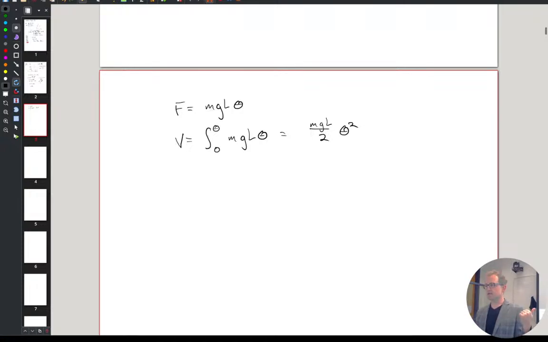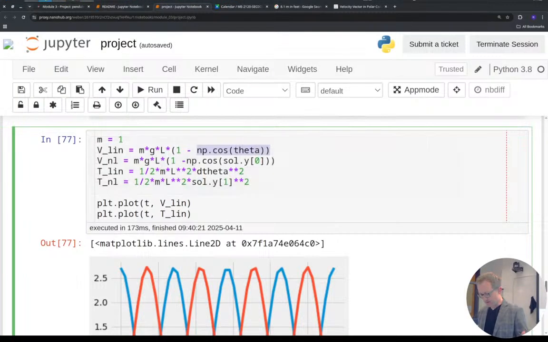Our force for the full term is MGL cosine theta, integrate, and now we have negative MGL sine theta. So if you want to compare linear and nonlinear, you end up with the same thing as a spring: spring constant kx, integrate that, now you have 1/2 kx squared. Here our k term is MGL. But I was just leaving it for funsies.